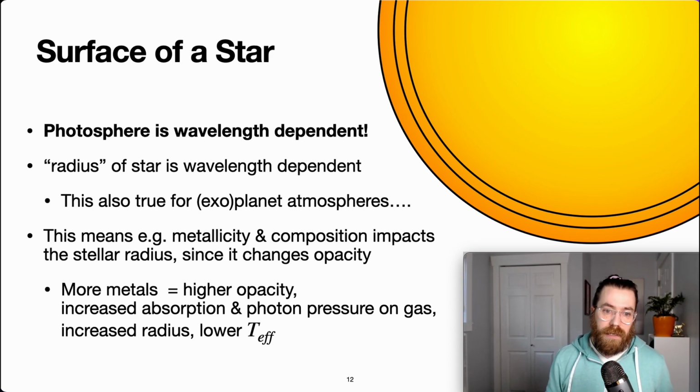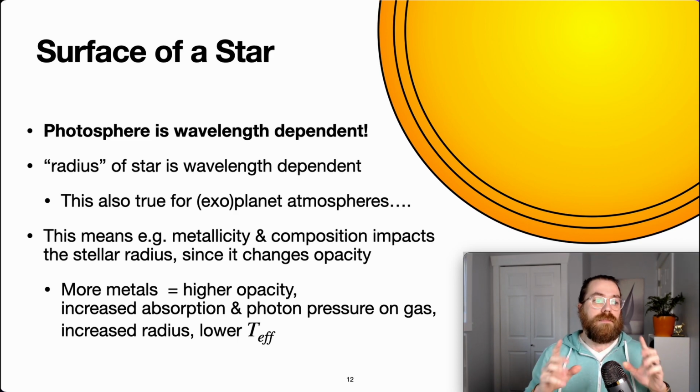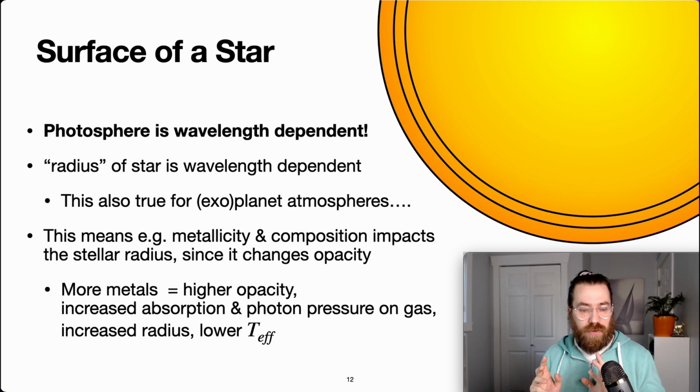This means, since opacity itself is really metallicity, composition dependent, that the composition impacts the radius. This also means, because metallicities are sources of opacity, to back up, metallicity changes the radius that you measure.